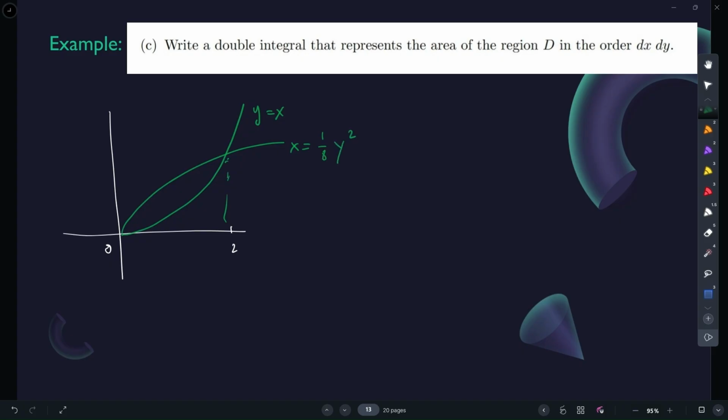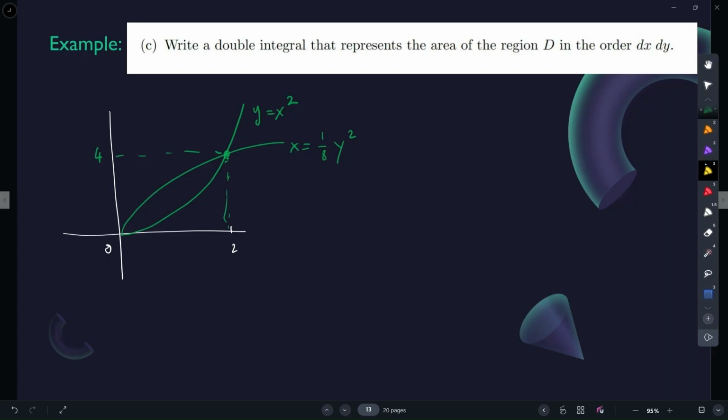Now, what is this point right here? When x equals 2, this was y equals x squared, so y is 4.